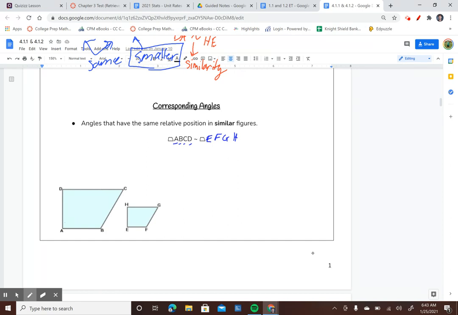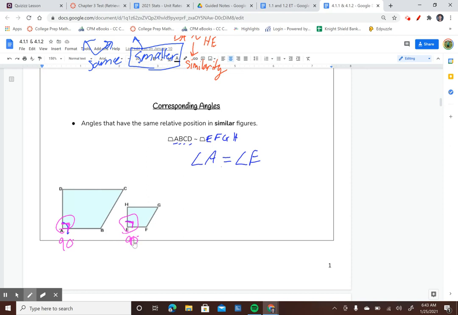So we're going to say that angle A is equal to angle E. All right, and I say equal to because look at it. It's like these both have right angles. They'd both be 90-degree angles. Even if the shape is smaller, the angle doesn't change.